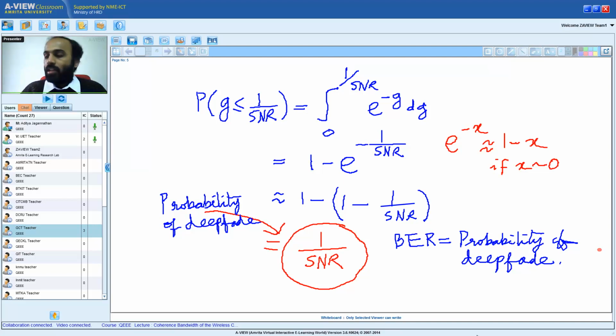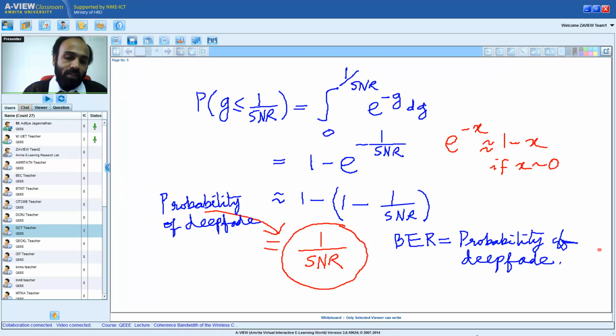And this is an important aspect of wireless communication channel, which is what is a deep fade event in a wireless communication system, and how is it related to the bit error rate. This says that the probability of a deep fade is actually equal to the probability of the bit error, or the bit error rate in a wireless communication system.